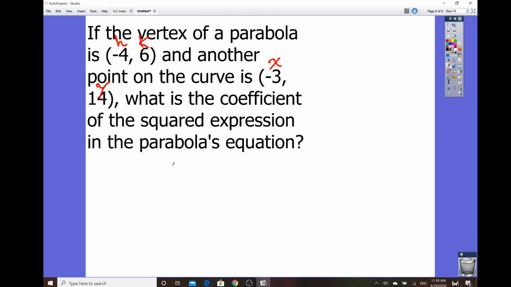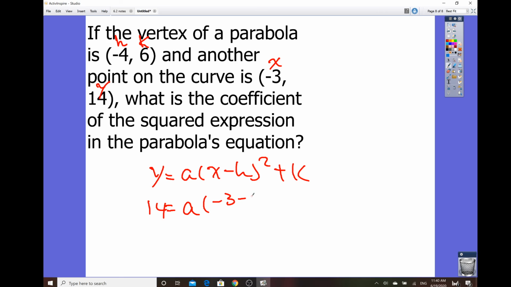The regular format is y equals A times the quantity x minus h squared plus k. So what we have here, y is 14, by plugging in a number. A is what we need to find out. x minus h, so negative 3 minus negative 4, and then the whole quantity squared, plus k, which is 6.